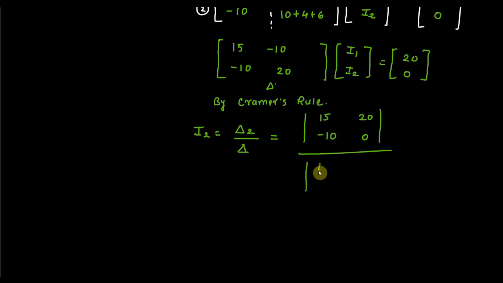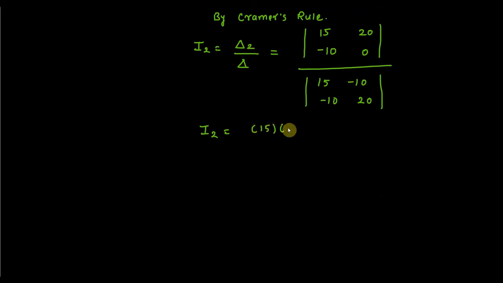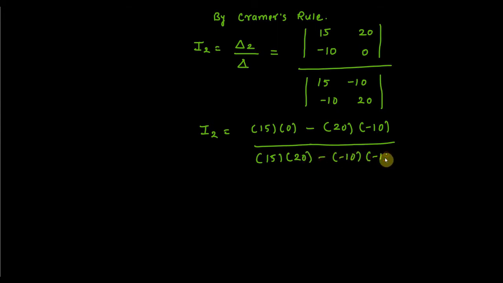So if you write that delta matrix, 15, minus 10, minus 10, 20. Okay, now solve this determinant and you will get the value of I2 here. So I2 will be 15 into 0, minus 20 into minus 10, divided by 15 into 20 minus 10 into minus 10.